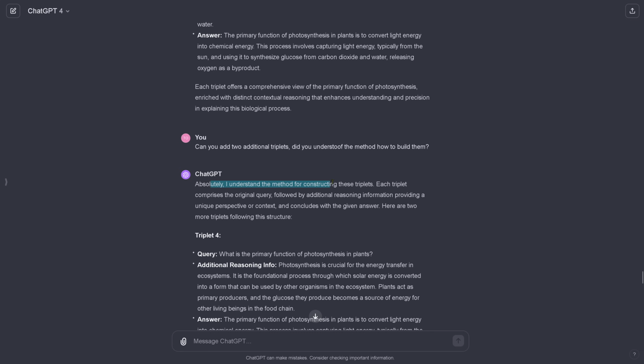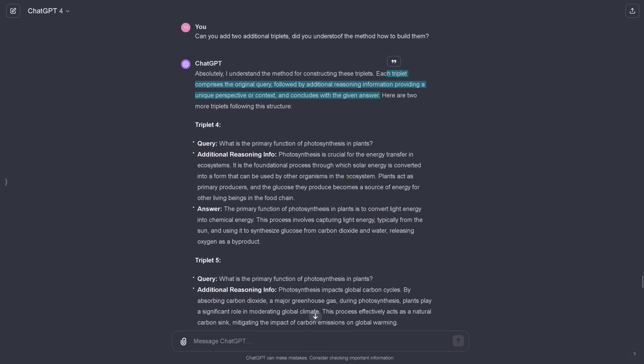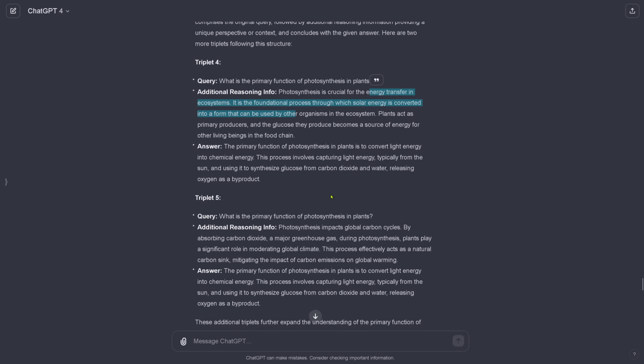I understand the method for constructing these triplets. Each triplet comprises the original query, followed by additional reasoning information providing a unique perspective or a unique context, and concludes with the given answer. 2 more triplets, and it comes back here with energy transfer in the ecosystem. Interesting.